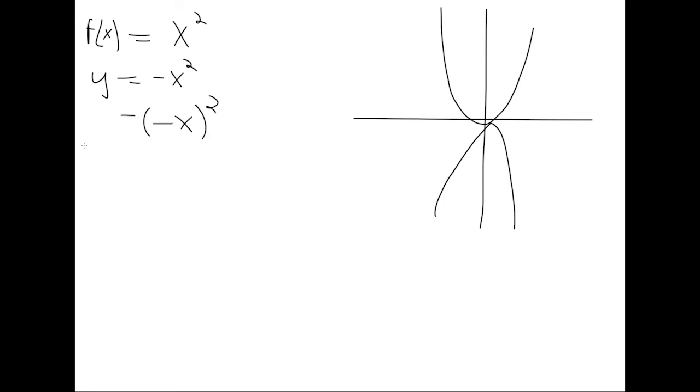They're very different things. When you're reflecting across the y-axis, you're changing x itself. When you're reflecting across the x-axis, you're putting a negative in front of the whole function. Whereas here, you're only replacing the x.